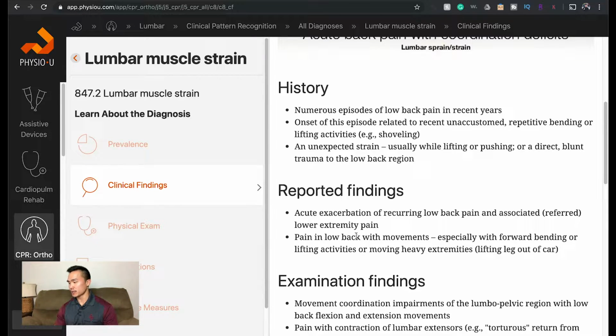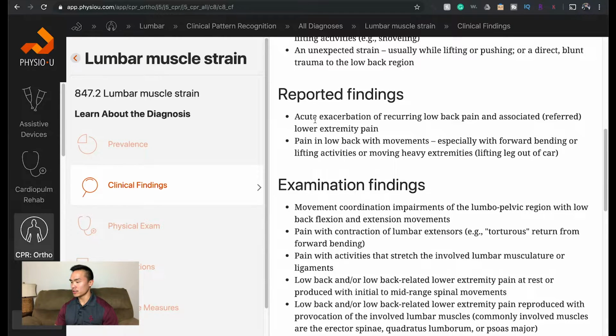Onset of this episode related to recent unaccustomed repetitive bending or lifting activities. Okay, well, there you go. Another lifting activity. He was moving and cleaning. He could be lifting a lot repetitively. An unexpected strain, usually while lifting or pushing, or a direct blunt trauma to the low back. I don't think he got hit, but he was definitely lifting something.